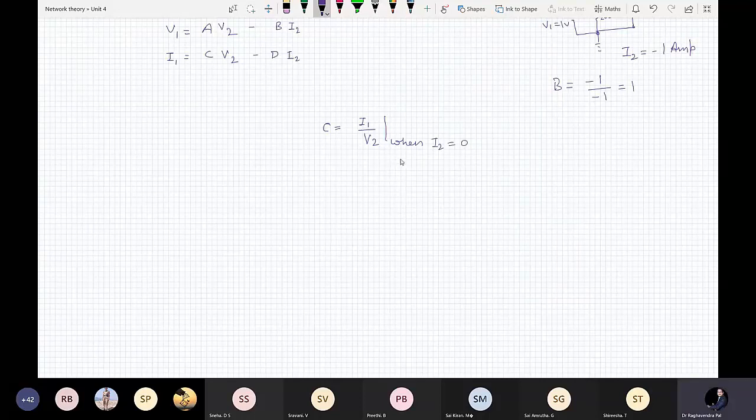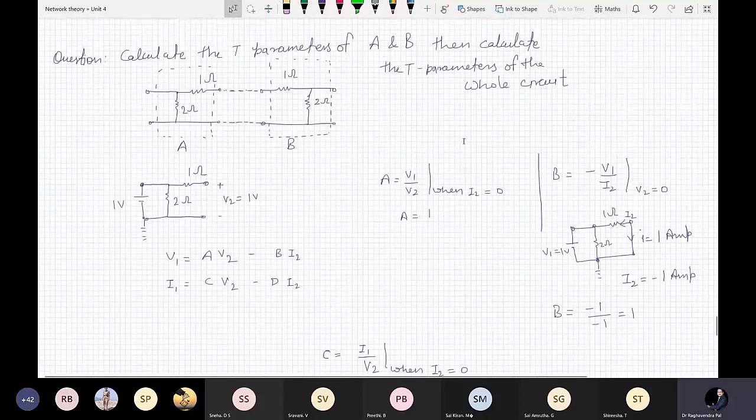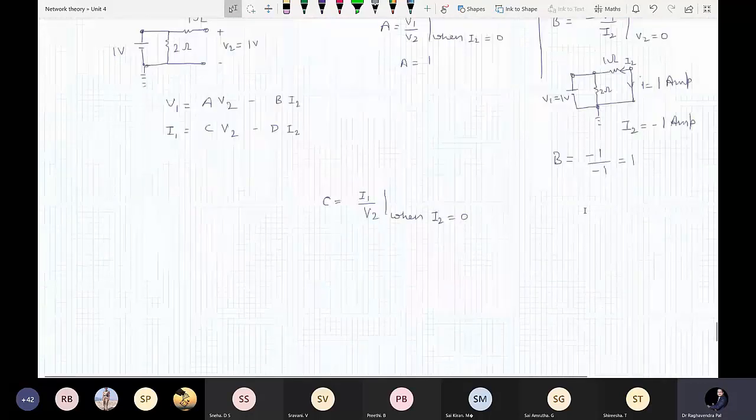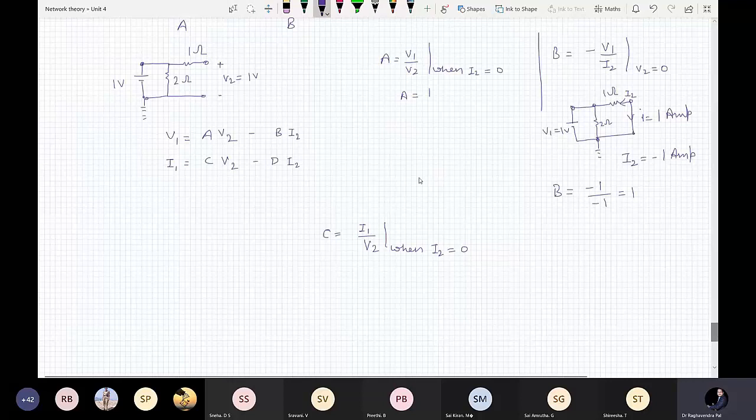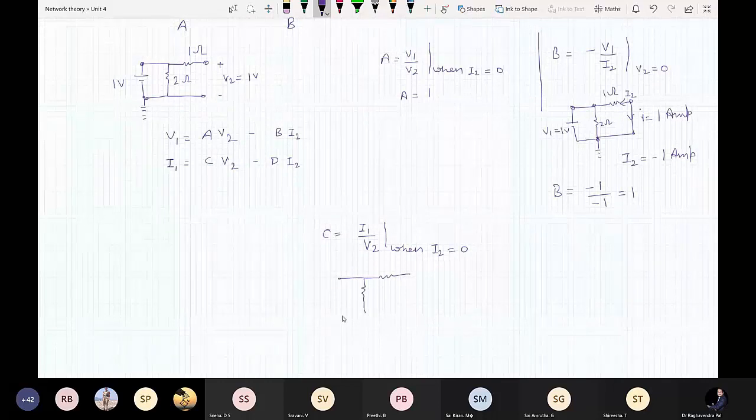Correct. I1 upon V2 when I2 is equal to 0. So now what you will have to do in this circuit, which we were using earlier also, in this circuit: 2 ohm, 1 ohm.